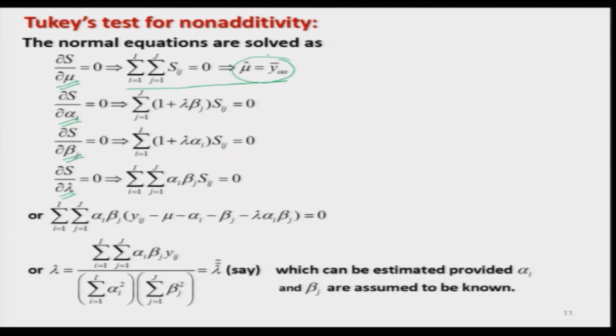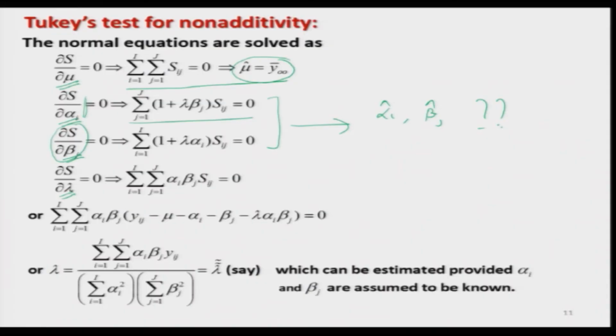Now, I try to solve the normal equation for alpha i, that is, the partial derivative of S with respect to alpha i equal to 0. This comes here as the summation over j of (1 plus lambda times beta j) into S_ij equal to 0. And similarly, if you obtain the normal equation by taking the partial derivative of S with respect to beta j, put it equal to 0, and try to solve them, you will see whether you can obtain alpha i hat and beta j hat.